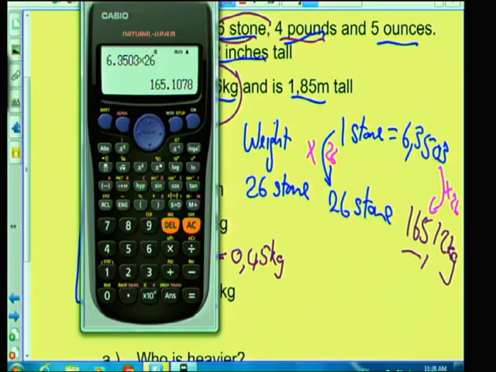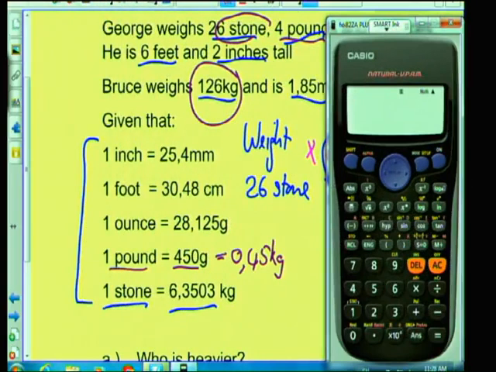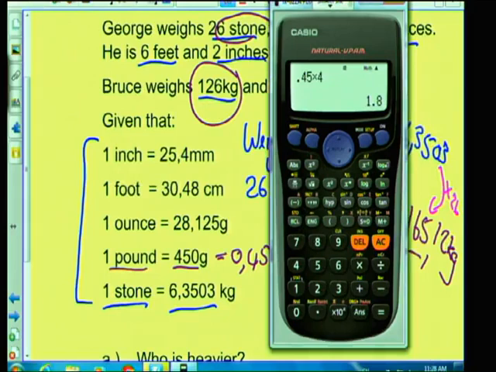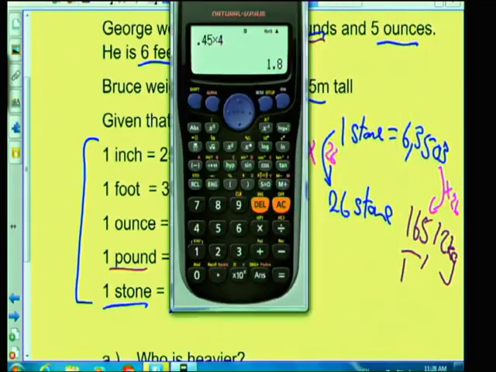How many is 4 pounds? Multiply 0.45 kilograms by 4. That gives me 1.8 kilograms. So I'm going to add in an extra 1.8 kilograms over here.